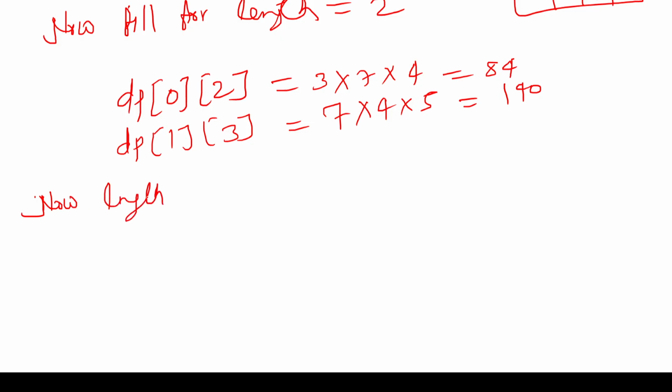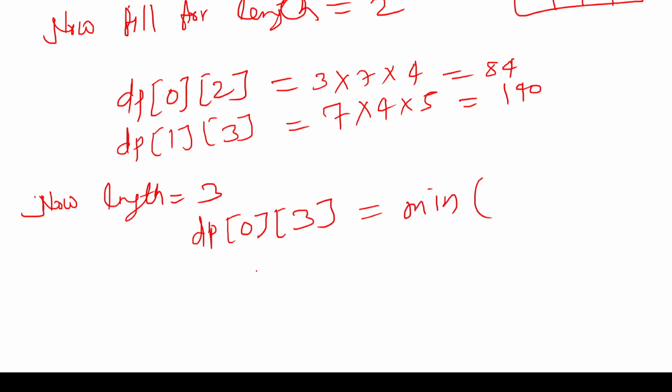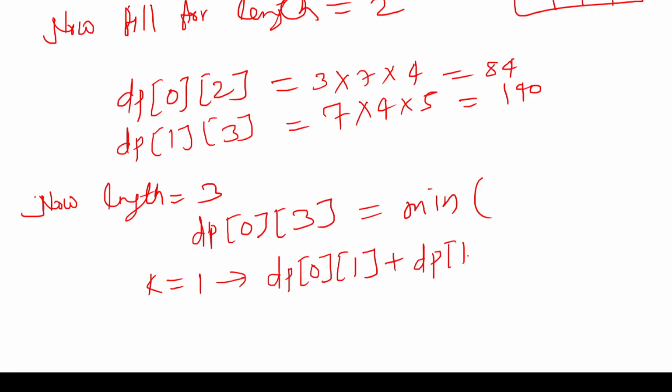Now the length is 3. So dp at 0 and 3 is the minimum over k. When k equals 1, we have dp at 0 and 1 plus dp at 1 and 3, and here we add 3 into 7 into 5.